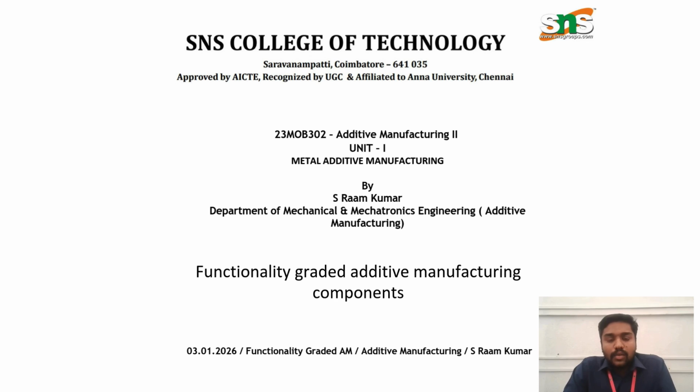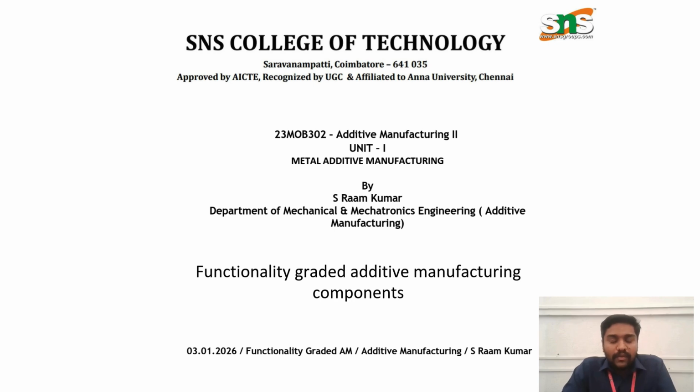requirements. So to develop functionally graded components, additive manufacturing is the best solution through which we can mix two types or more than two types of metals in different forms. In the basic additive manufacturing process for metals, the metal is available in the form of powder.